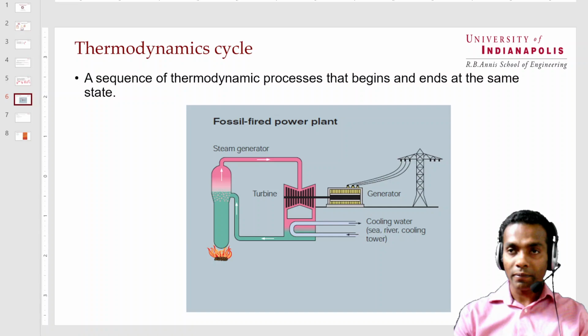And then what if you need to transform this state from one state to another, and to another, and come back to the initial state, right? So we call it a thermodynamic cycle. A thermodynamic cycle is a sequence of processes that starts and ends at the same state.